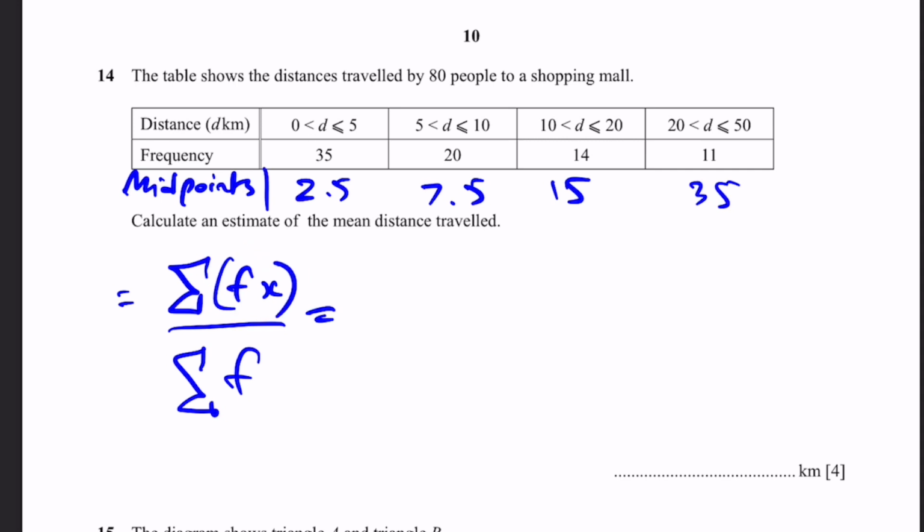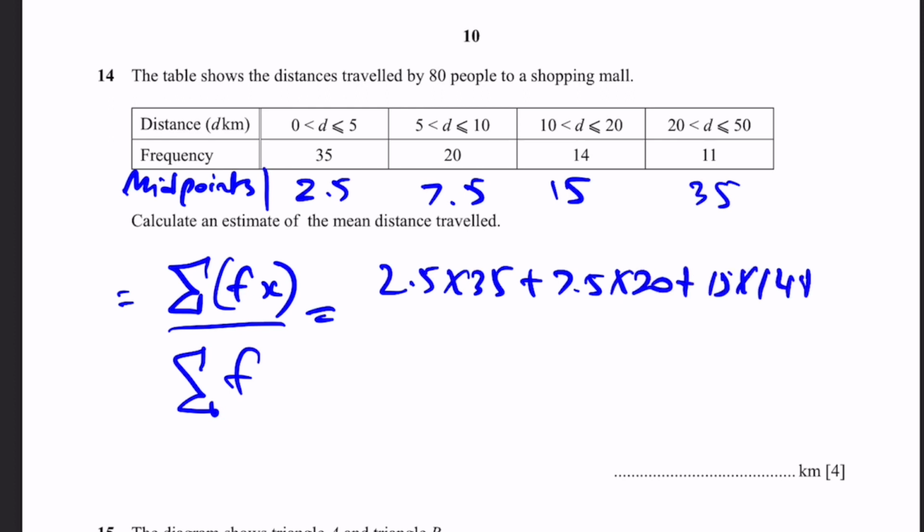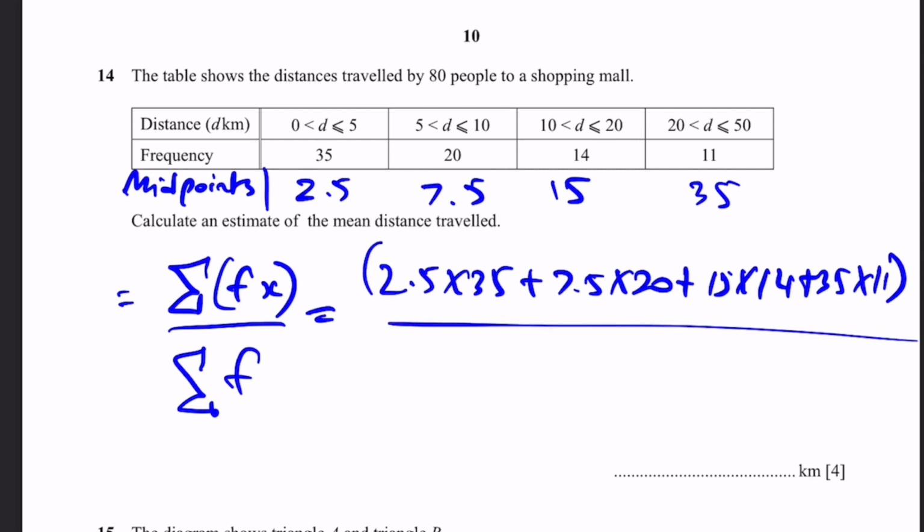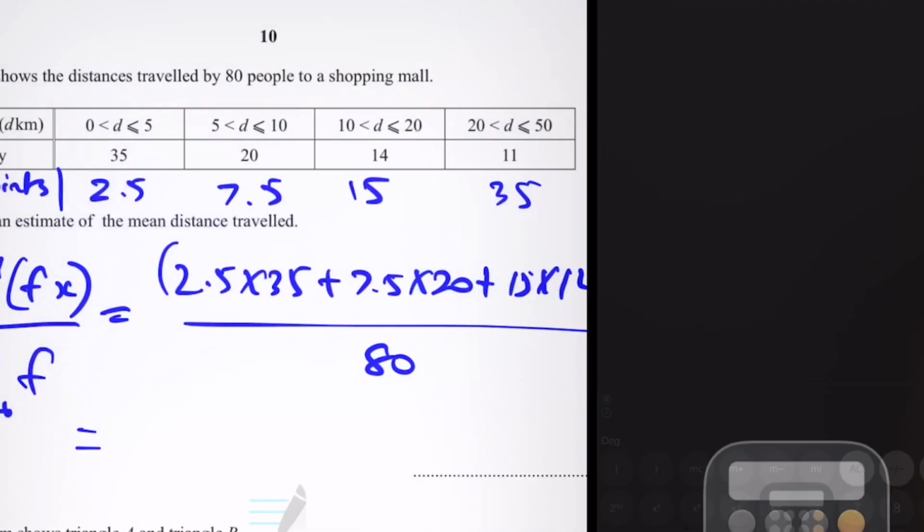So we can write this as 2.5 times 35 plus 7.5 times 20 plus 15 times 14 plus 35 times 11. And this whole thing divided by the total frequency, that's the number of people, 80. And let's just plug this all into the calculator at once.